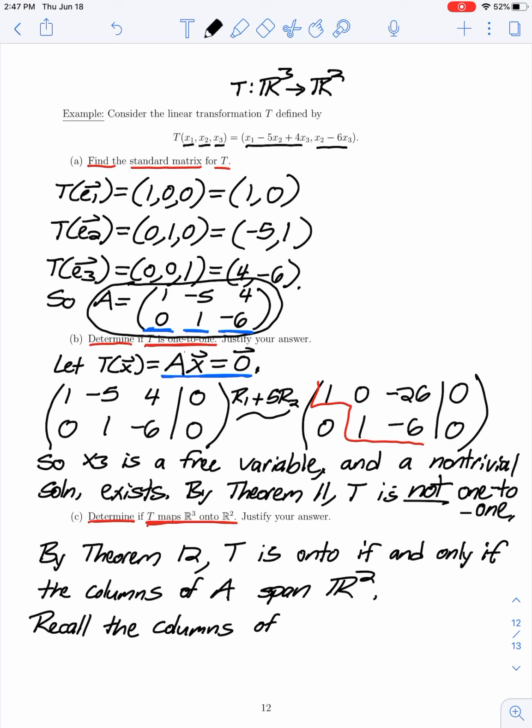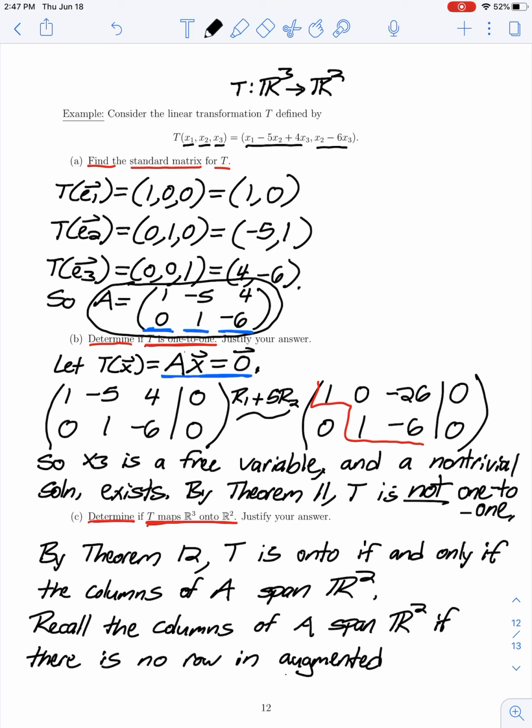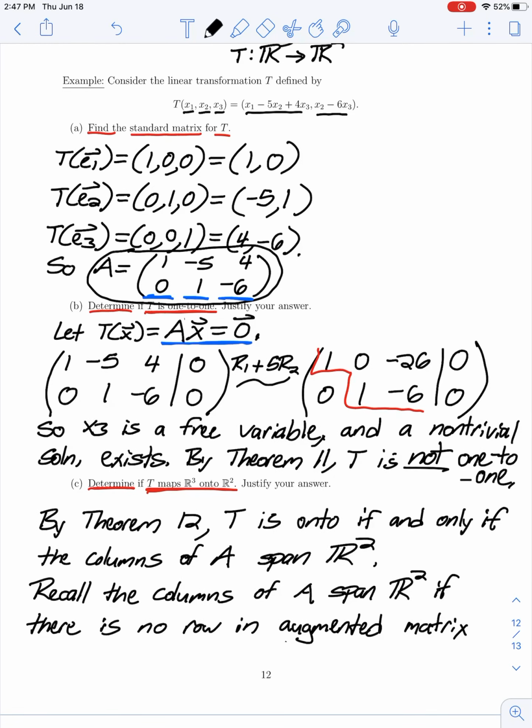of A will span all of R2, provided there is no row in the augmented matrix without a pivot.